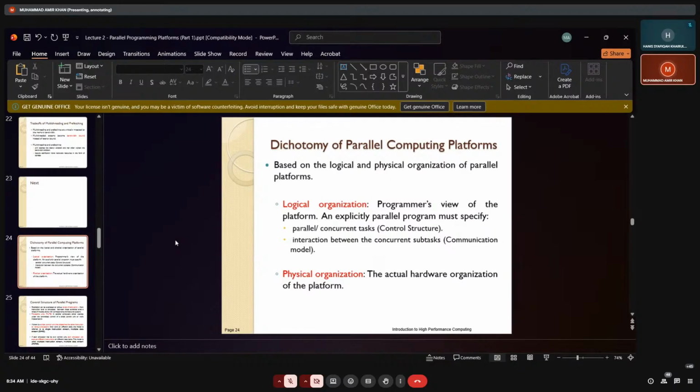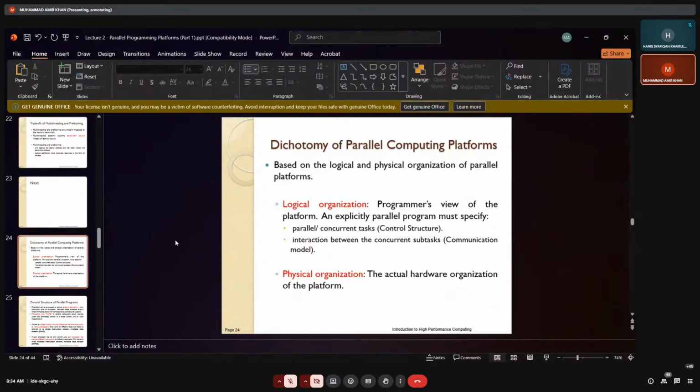We'll see the communication model next. And the physical organization is the topology, the actual hardware organization of the platform.